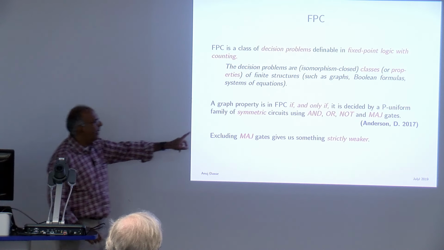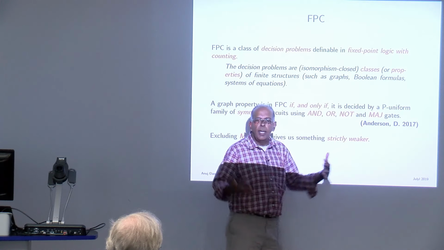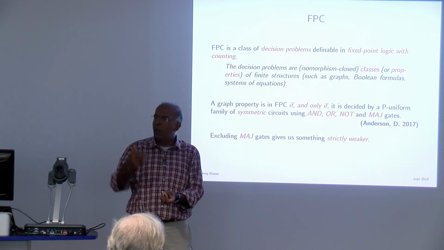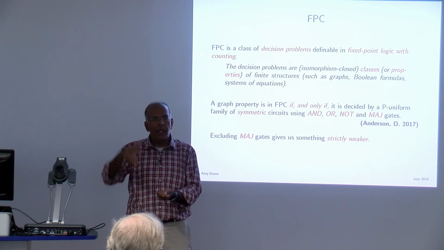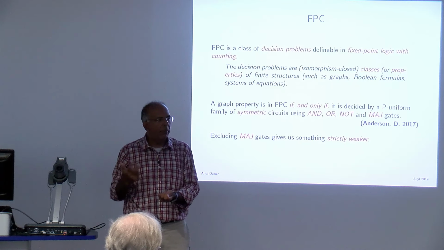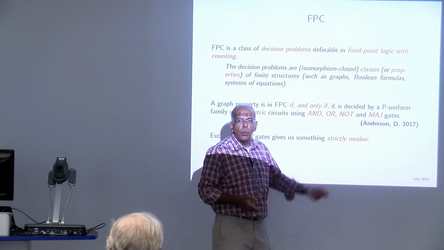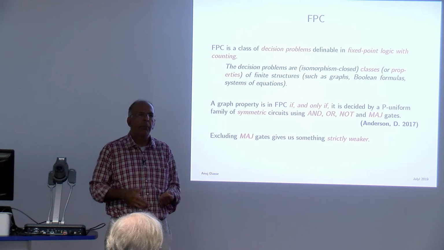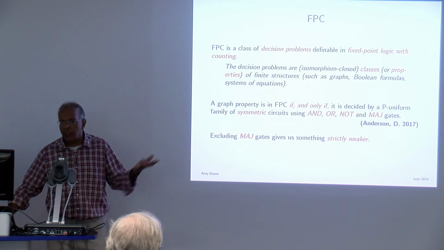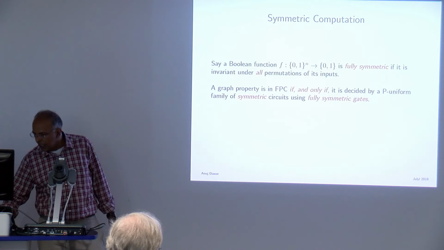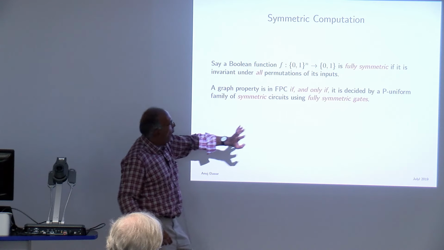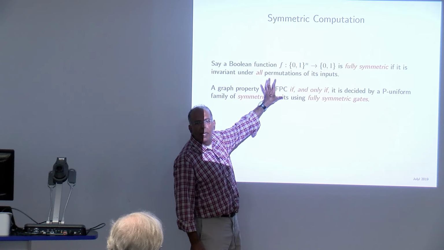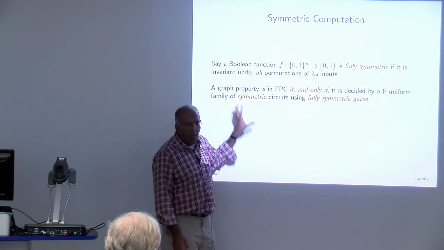In fact, all of these are fully symmetric, right? An AND of some collection of Boolean inputs: you permute the inputs, it doesn't change the result. Same for the ORs, right? NOT, and majority. Majority is saying you take some number of inputs and you output 1 if most of them are 1. That is also obviously not changed by any permutations. These are all properties where we just count. Turns out you can add all fully symmetric Boolean functions as gates, and you still get exactly the same class of symmetric circuits.